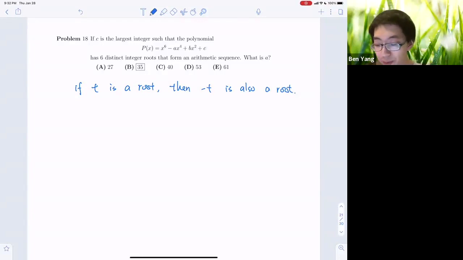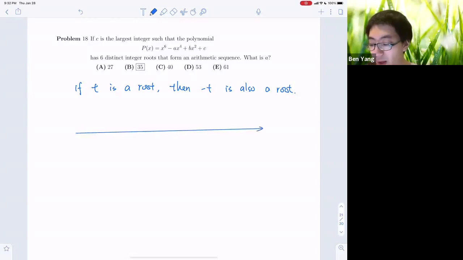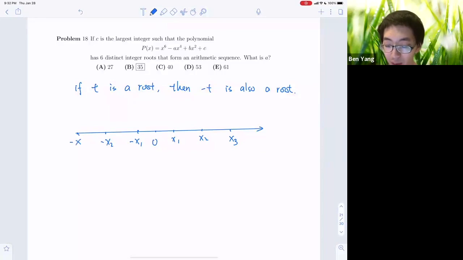Okay, so now we can put the 6 roots on the number line. Let's say the 3 positive roots are x1, x2, x3. And then we know that negative x1, negative x2, and negative x3 are the other 3 roots.